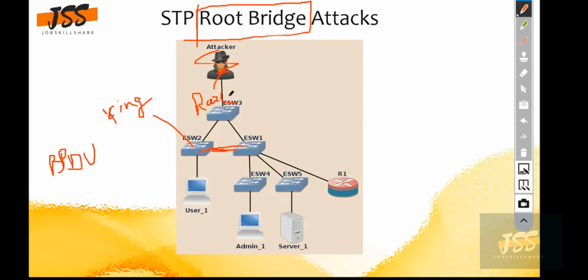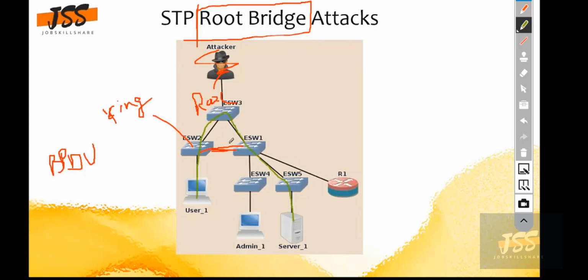But since this has become the root bridge, these two switches will go to this root bridge. So whatever data flows, it will go to the root bridge. The data will move across like this, and then like this.